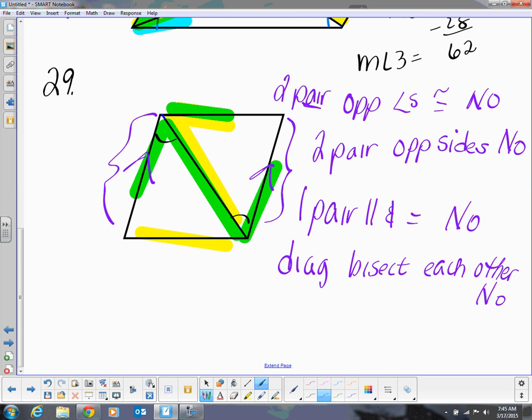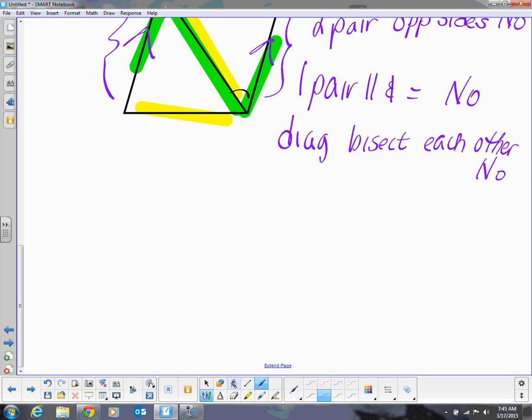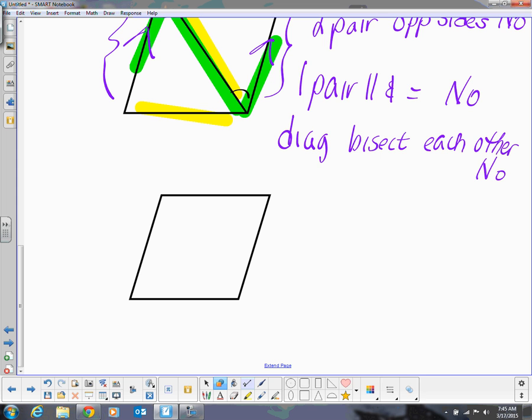Do you want to talk about 30? Let's look at 30. They have told us that this is a right angle and that this side is congruent to that side. That is what they have told us.